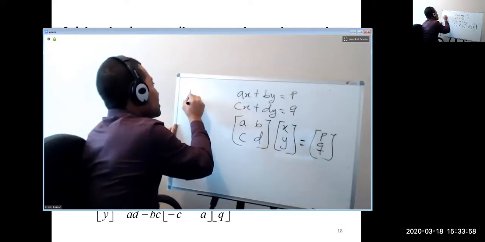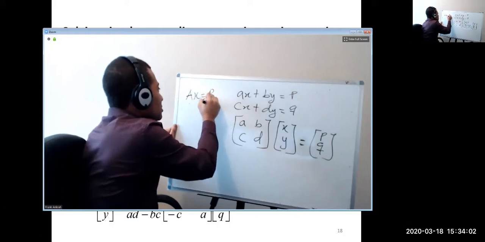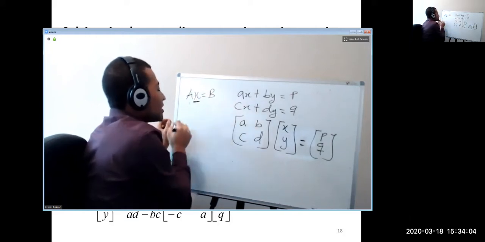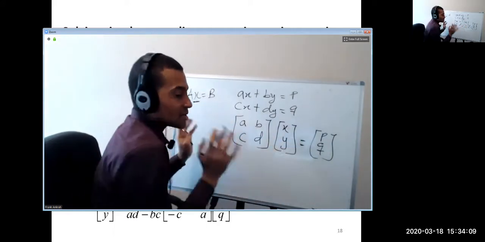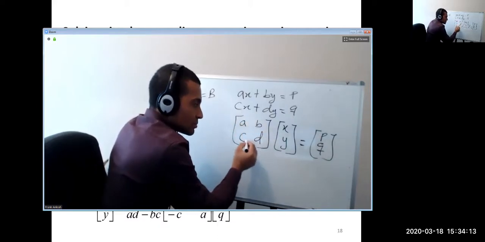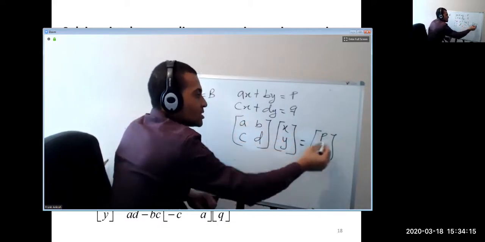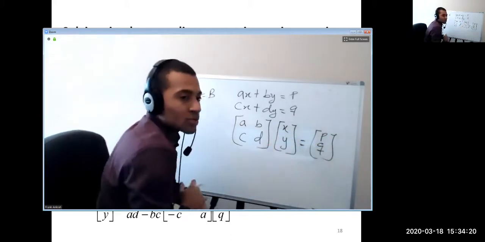Now looking at this, if you remember, we had this expression: if you had an expression ax equals b, how would you find your x term? How would you find your unknown? We could use this in that same fashion, where we are saying that these are numbers, these are letters, these are also numbers. How do we find what these variables are?